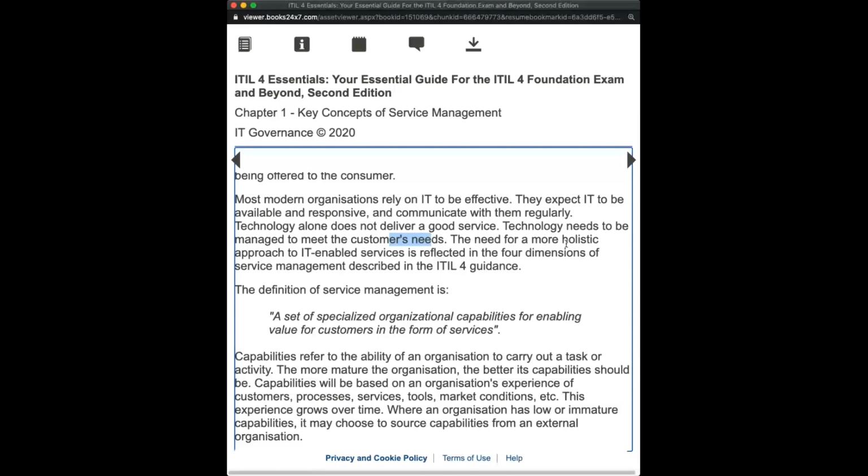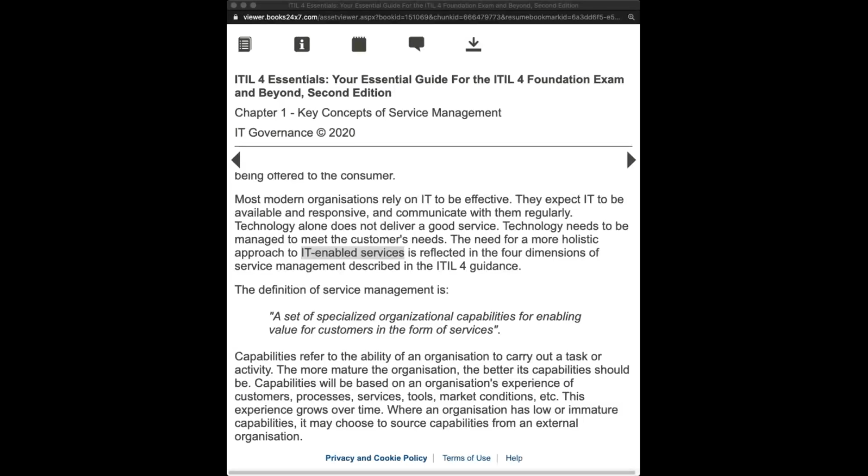The need for a more holistic approach to IT-enabled services is reflected in the four dimensions of service management described in the ITIL 4 governance, right? So when we say holistic, basically you look at the whole instead of a part, right?